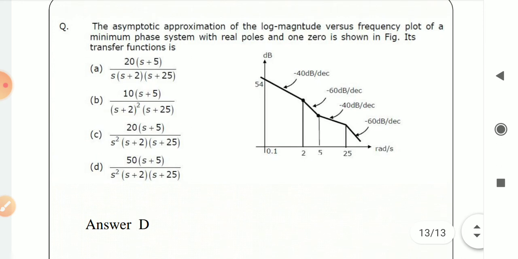Okay, now the last question. We have an asymptotic approximation of a log magnitude versus frequency plot of a minimum phase system with real poles and one zero, as shown in the figure. Now we need to find its transfer function.